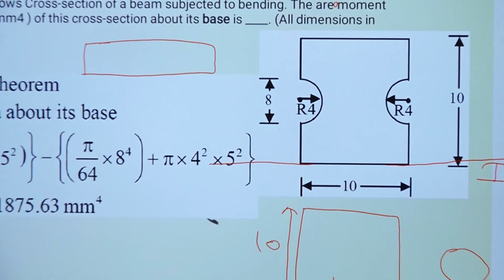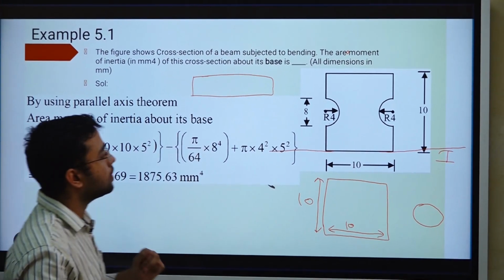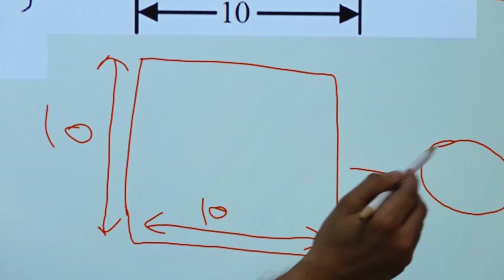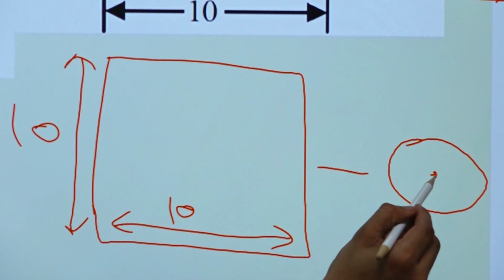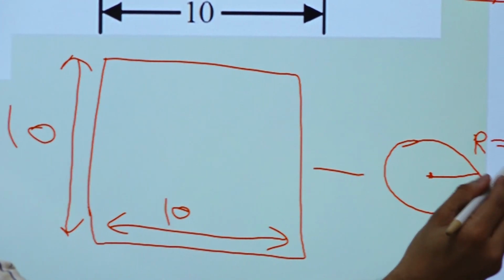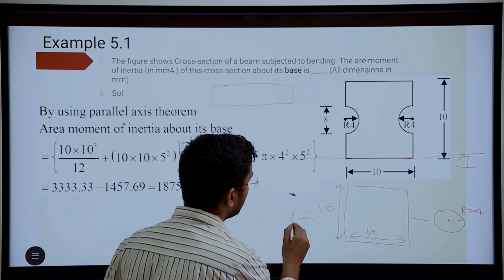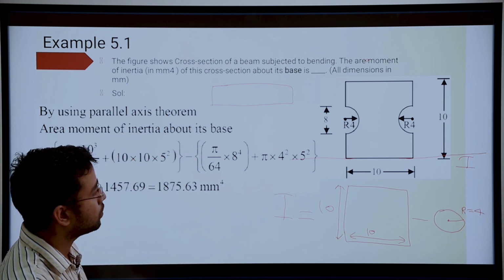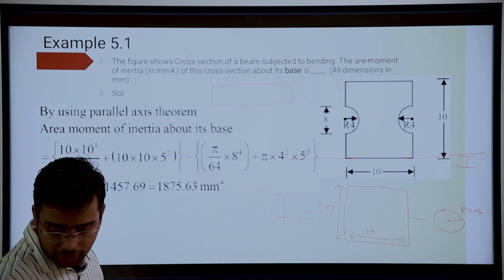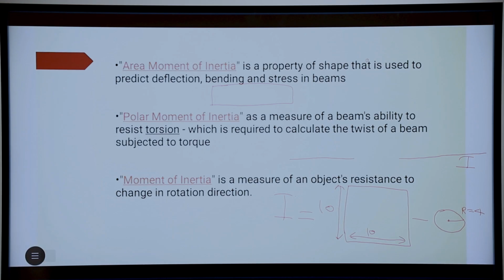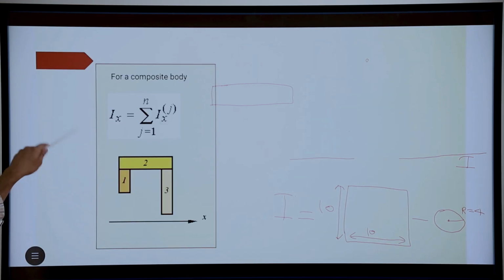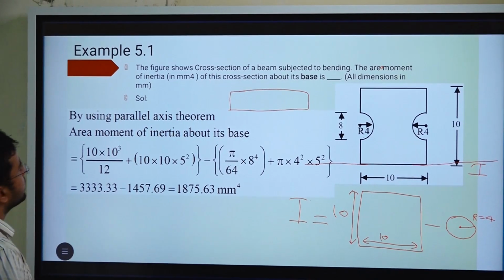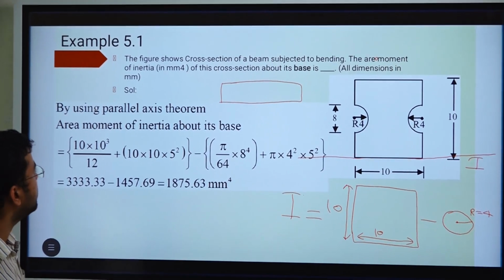So the area moment of inertia of this rectangle minus the area moment of inertia of this circle of r equal to 4 will be equal to the area moment of inertia of the object itself, right? So that is the way we can solve it. We are just applying the same thing, area moment of inertia for a composite body here, right? So by using the parallel axis theorem, the area moment of inertia about its base will be like this.